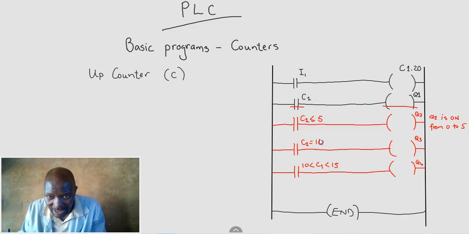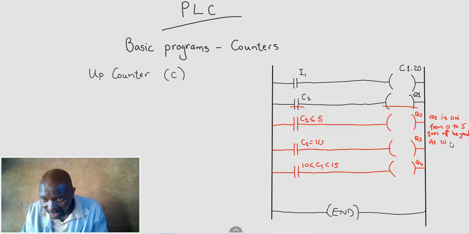Now as 6 goes off, no indicator is on at all. 7, nothing is on. 8, nothing is on. 9, nothing is on. 10. At 10, above 5, it goes off.